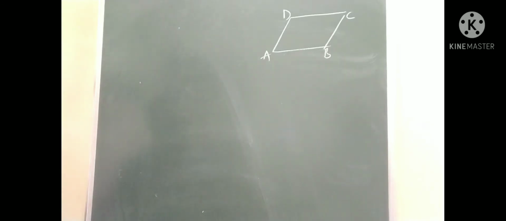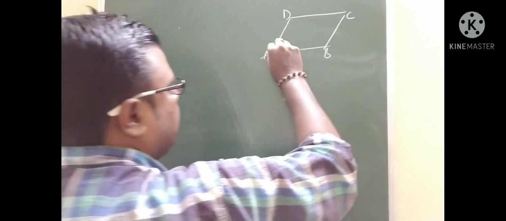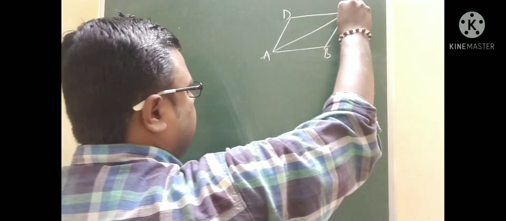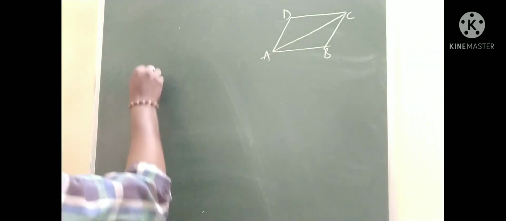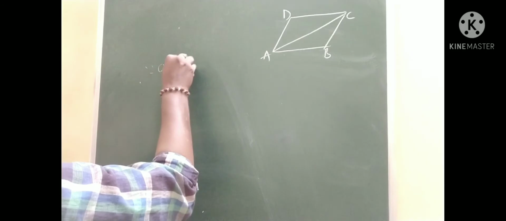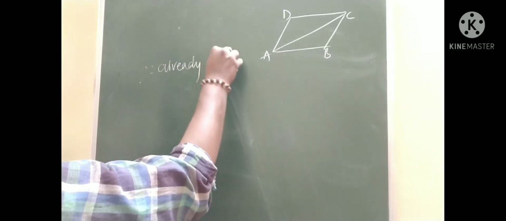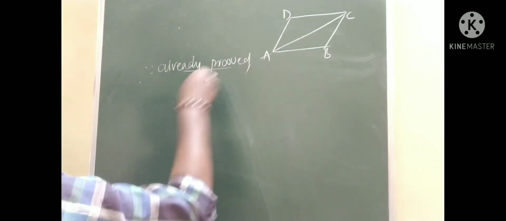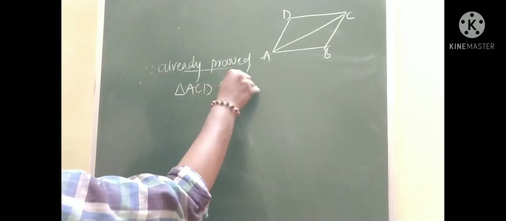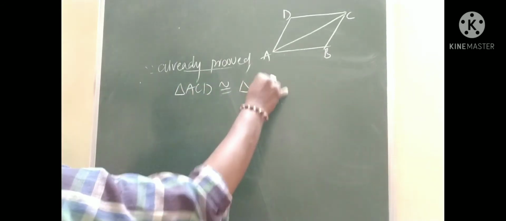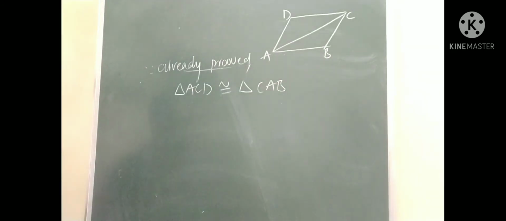Let us prove that. Already we have proved, by considering AC as a diagonal, these two triangles are congruent. What we have proved: triangle ACD is congruent to triangle CAB, right?